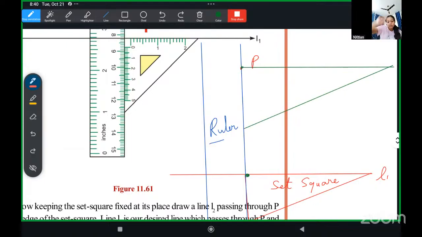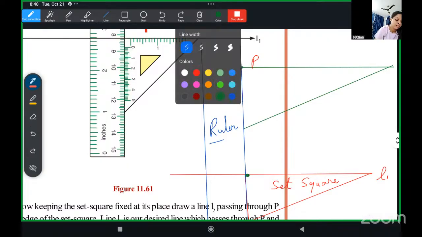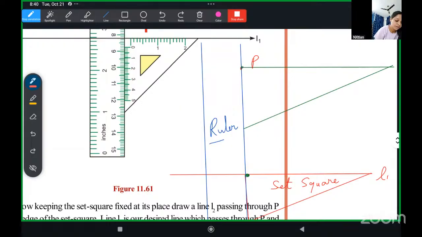Slide your set square up so that its edge meets the P point. Done. Now draw a line here, like this, where the set square is, passing through P.